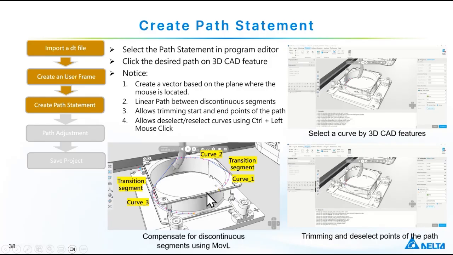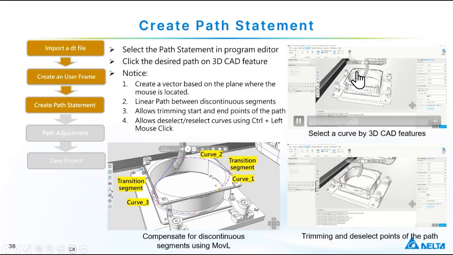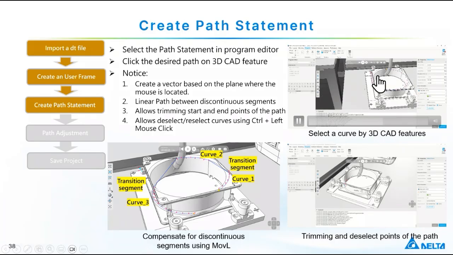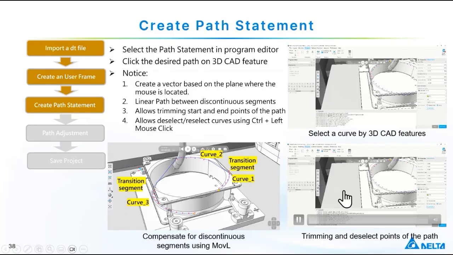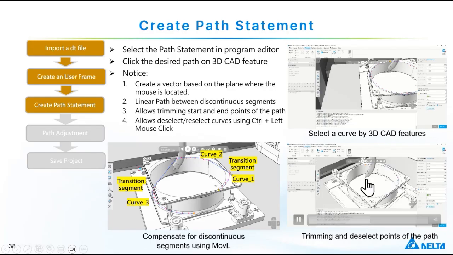Second, we can go into the path statement mode by clicking these features, like clicking the curve from this side, and we can generate the path from it. And then we can trim, deselect or multi-select the points, or we can use control with the left button to cancel the click.